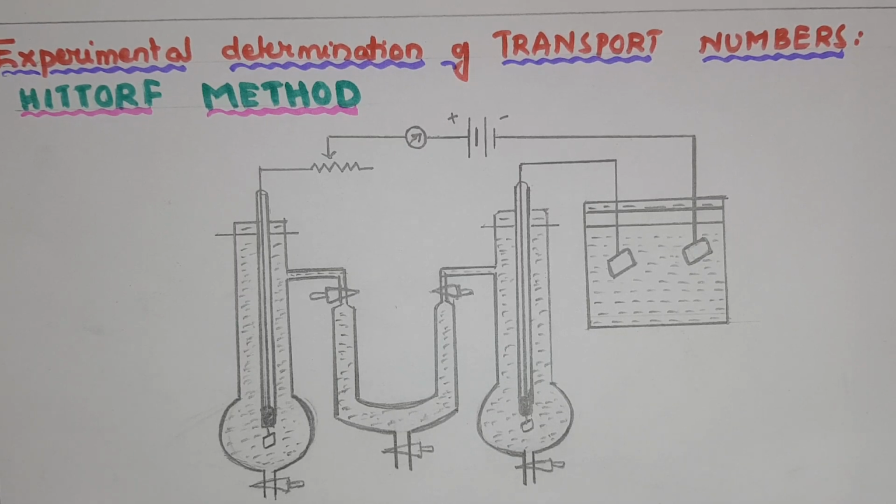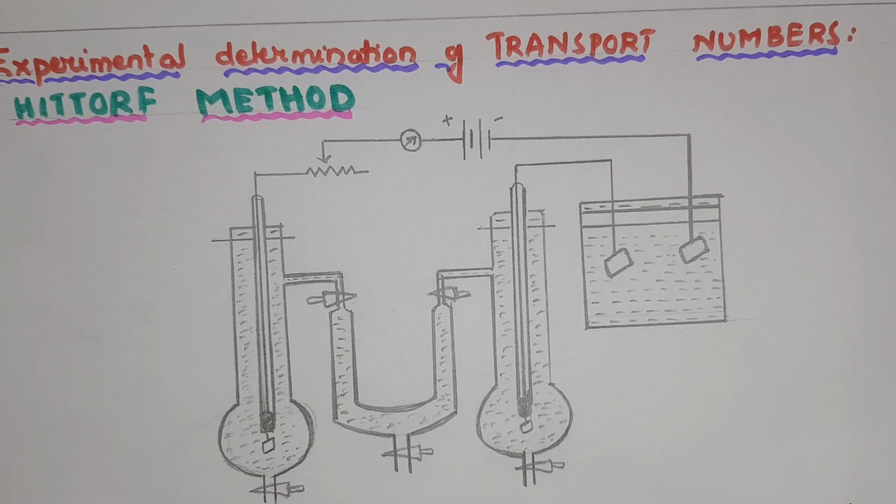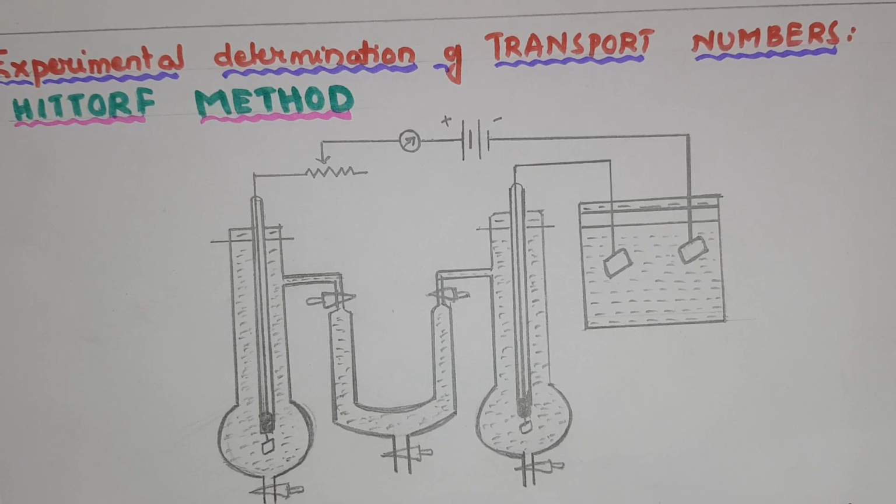You know what a coulometer is, students? Coulometer means it helps us to determine the amount of a substance which is released during electrolysis by measuring the quantity of electricity that is being used. That is the purpose of the coulometer, students.